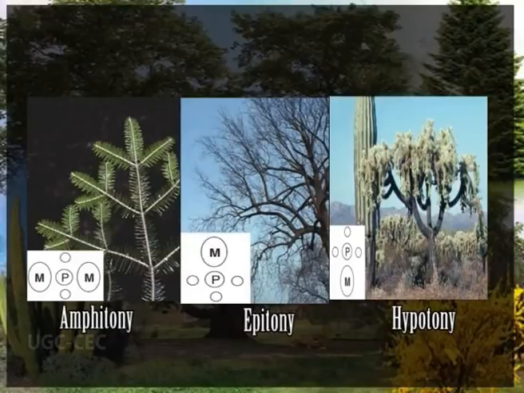Finally, it is noticeable that amphitony is a frequent feature in rectilinear branches, whereas epitony and hypotony are characterized by the predominant development of lateral axes on the convex side of the curved, downwardly or upwardly oriented branches.